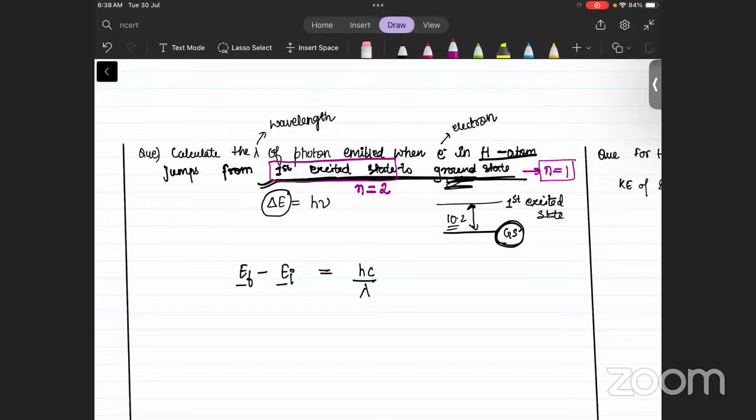Okay. Now, once you know the value of n, you also know for hydrogen, Z is equal to 1. Now, can't you substitute the values here? Who was the one asking me how did you get the energy?